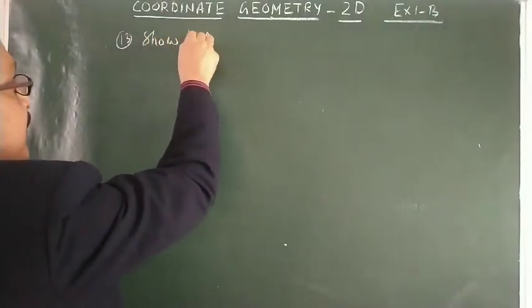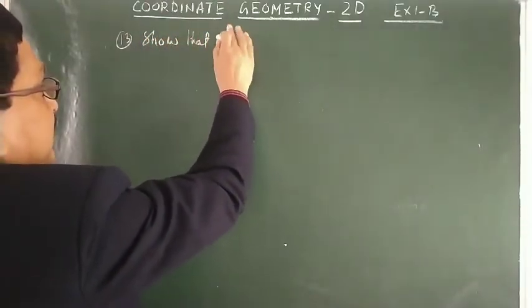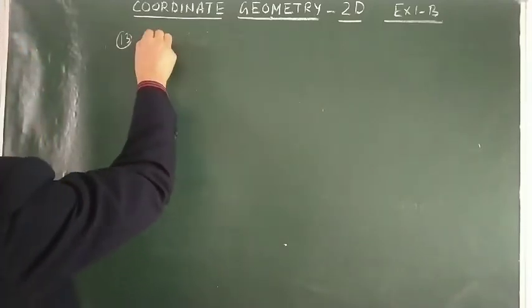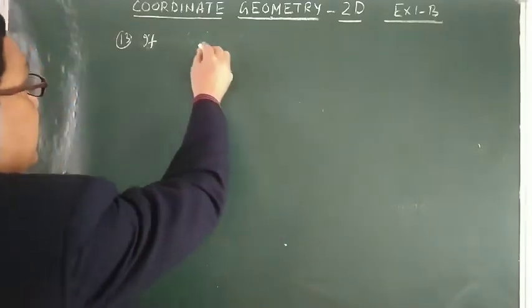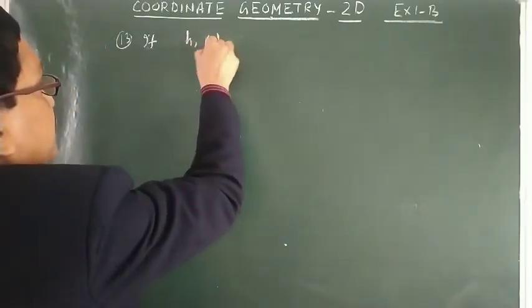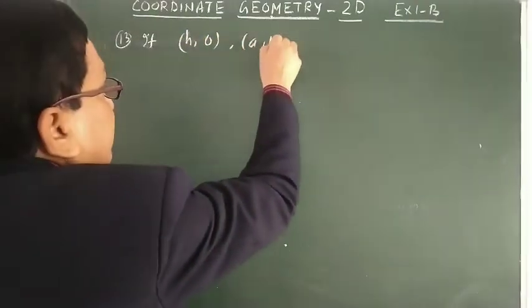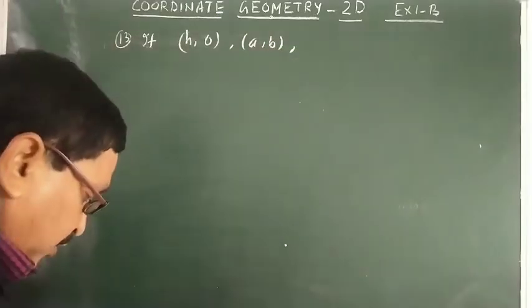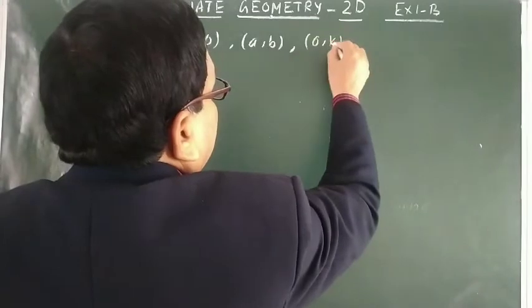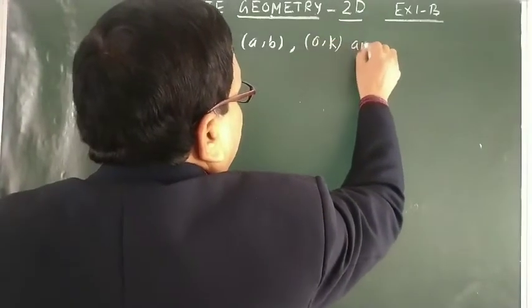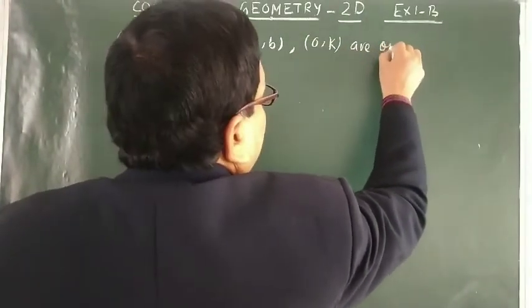So that point, if H, 0, A, B and 0, K are on a line.